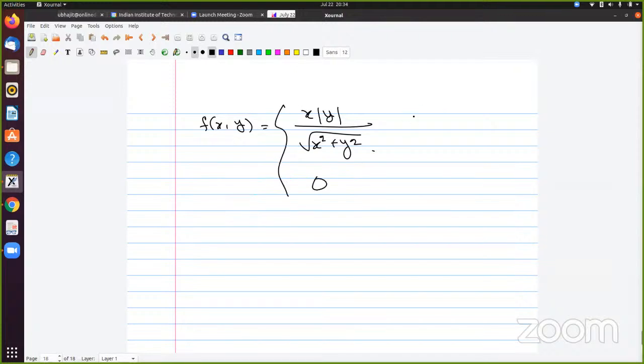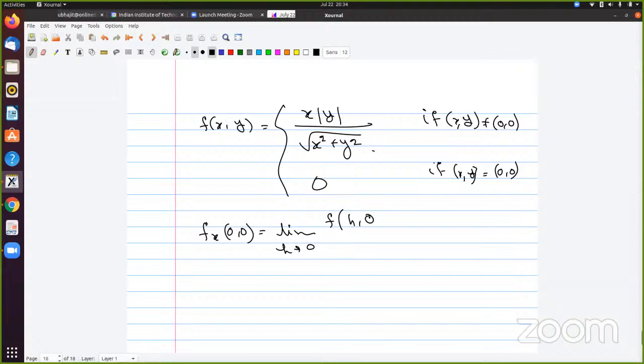And 0. So we need fx at 0 comma 0. What is that? You take f of h comma 0 minus f of 0 by definition. So what is h comma 0? 0. So it is 0 indeed.